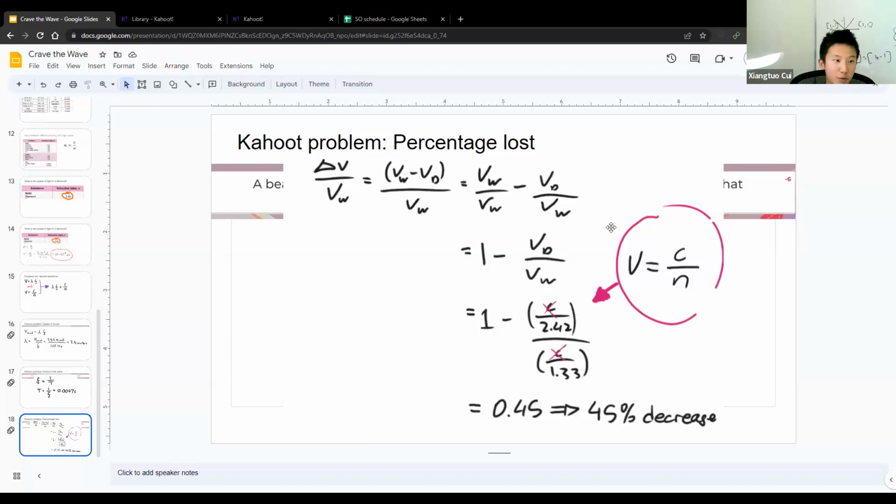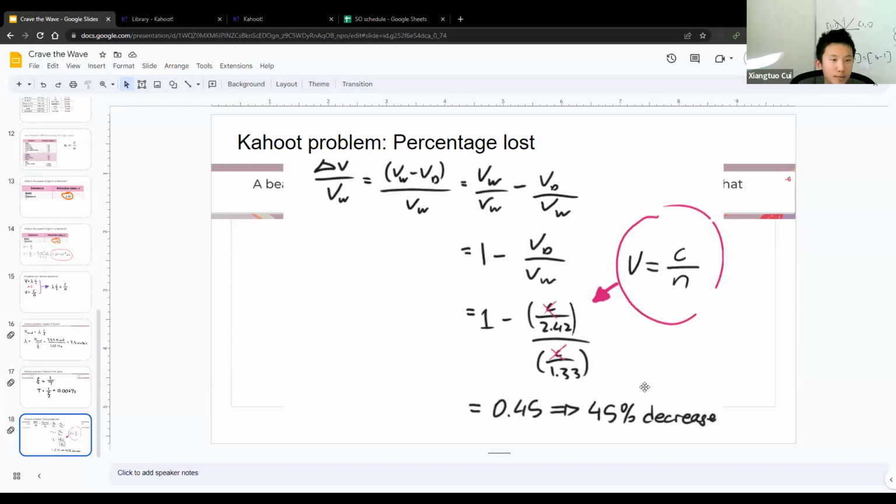Remember the equation that we learned of how V is equal to C over N. We can plug N in for the diamond and the water, and the two C's cancel out. So we eventually get a 45% decrease in the speed.